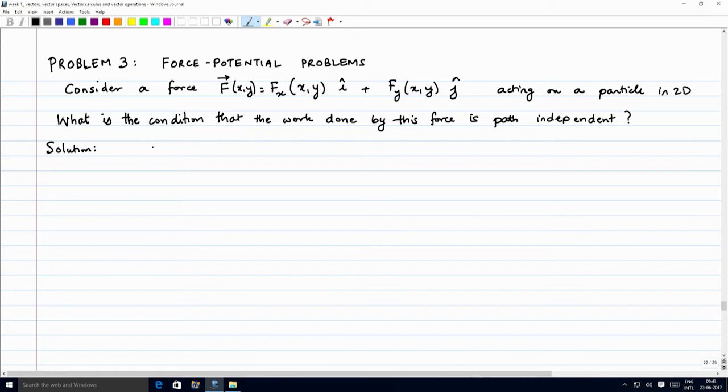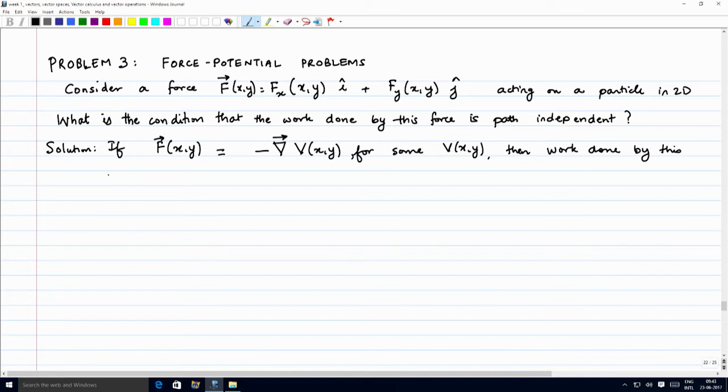We know that if f can be written as minus the gradient of some potential v of x y, some scalar field v of x y, for some v, then the work done by this force is path independent.